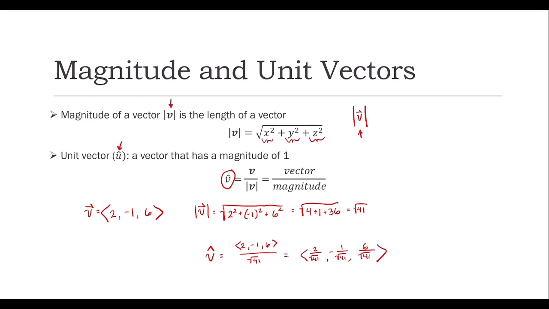And then you would get rid of the radical in the denominator by multiplying by the square root of 41 over the square root of 41, which equals 2 root 41 over 41, negative root 41 over 41, and 6 root 41 over 41. So that's how you find the magnitude and the unit vectors.